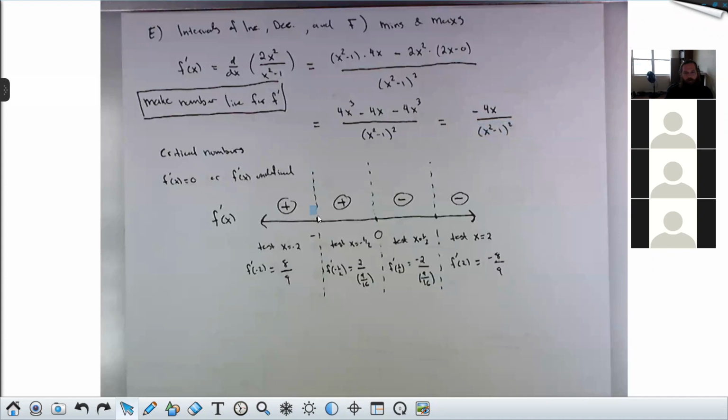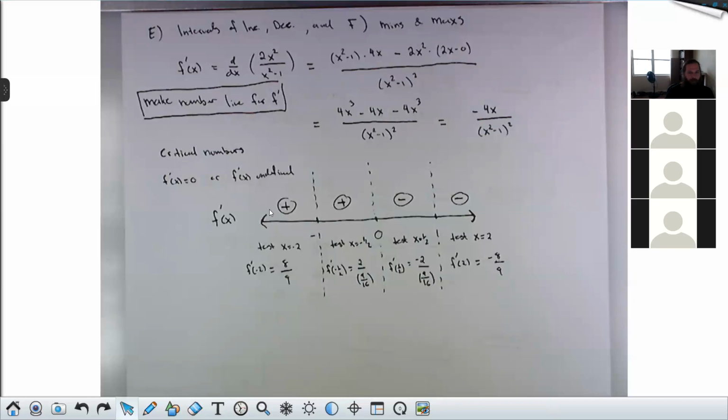And that happens at plus and minus 1. So if we set the top to 0, -4x equals 0, if and only if x is 0. When we set the bottom to 0, x squared minus 1 squared is equal to 0. That gives us plus and minus 1.